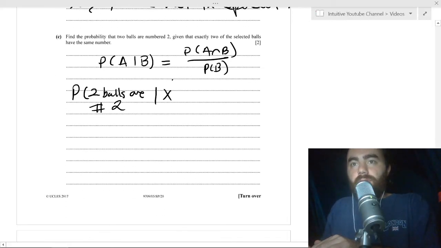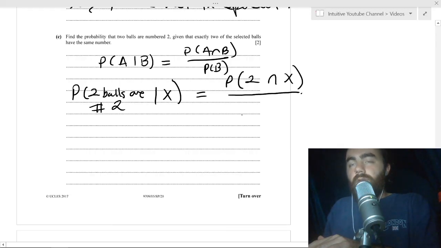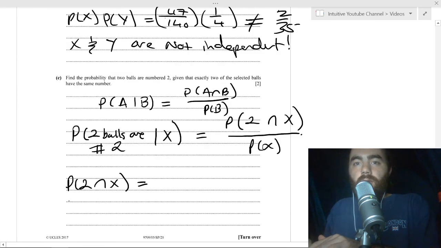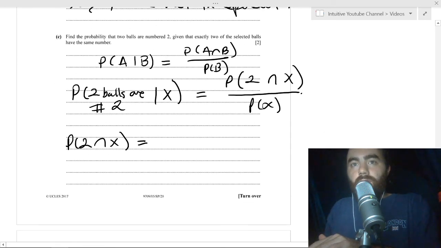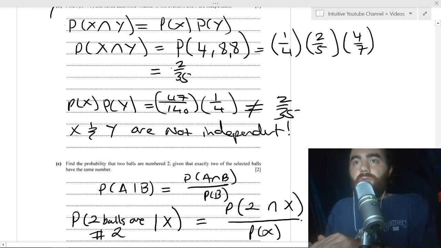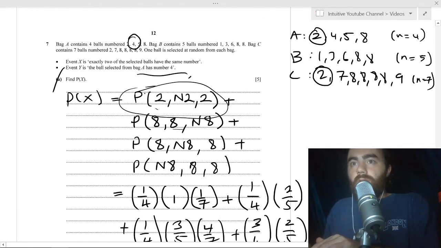So it's event X, which equals the probability of, I'll just call this 2, the probability of them both occurring together divided by the probability of X. Well, the probability of 2 of the balls being numbered 2, well, this occurs here. So this is the same as this.